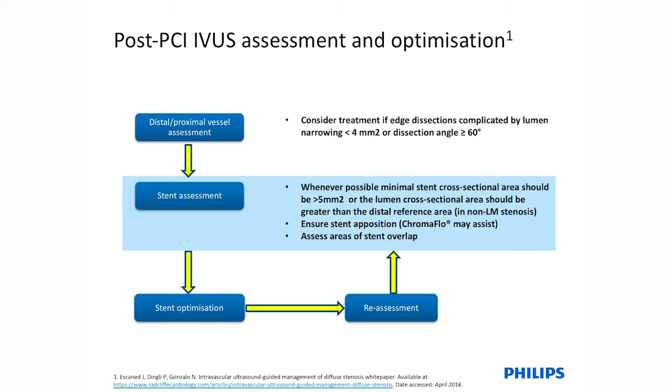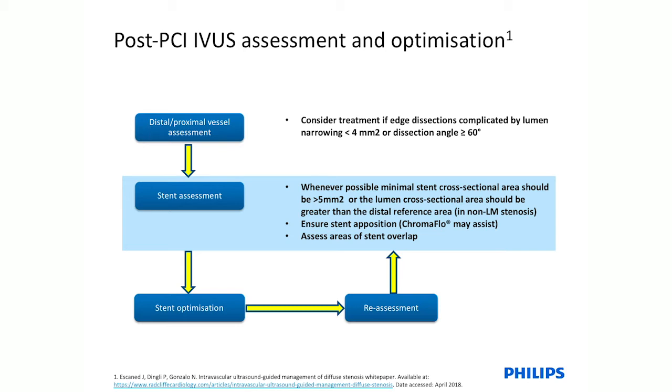One aspect that is important, perhaps not included now in the slide, but we could comment on, is that in long segments with a tortuous anatomy, sometimes you have to be careful if, for whatever reason, the IVUS has difficulties in advancement.